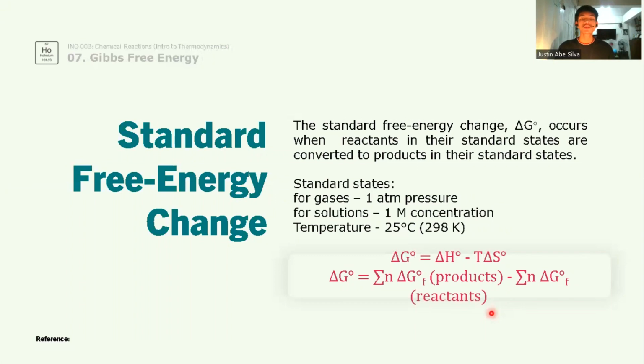The second one describes the standard free energy change when we are given the standard free energy of formation in a certain reaction. Similar to the standard enthalpy of formation and standard entropy of formation, you just get the summation of all the delta G naught of formation of the products minus the reactants. That's as simple as it can be.